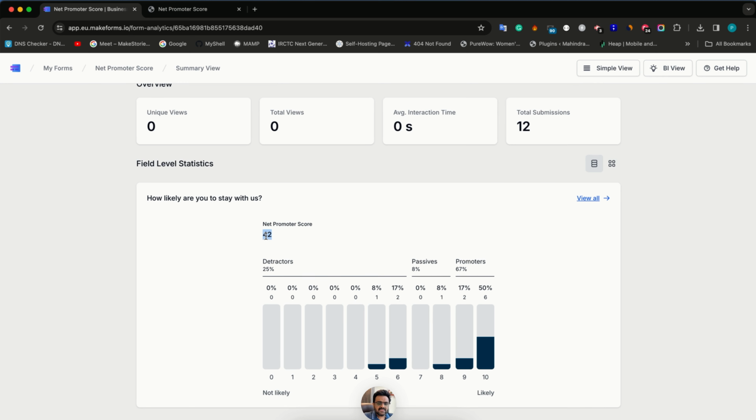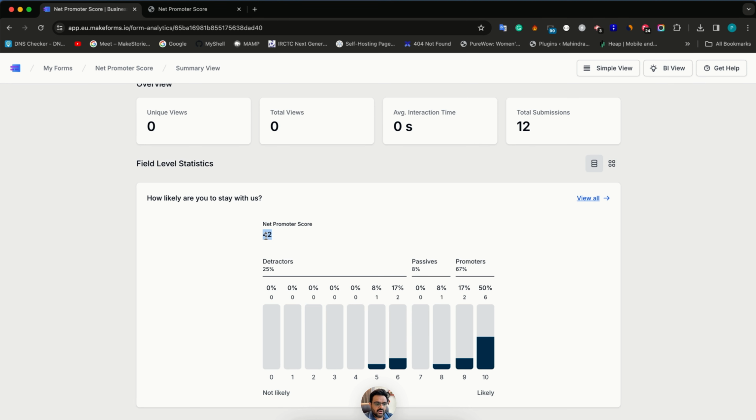If it's 10 users, you can very easily do it. But if you're looking at tens of thousands of customers in a survey, deriving a net promoter score out of that data can take some time, and you have to put in effort. But with MakeForms, you get a real-time net promoter score.